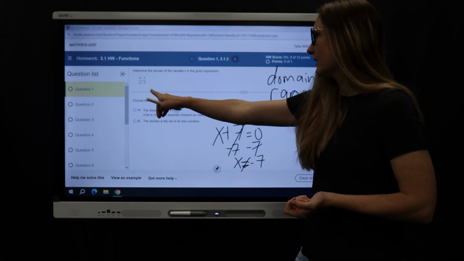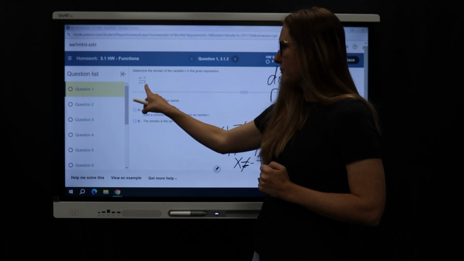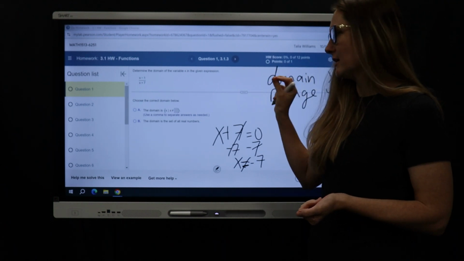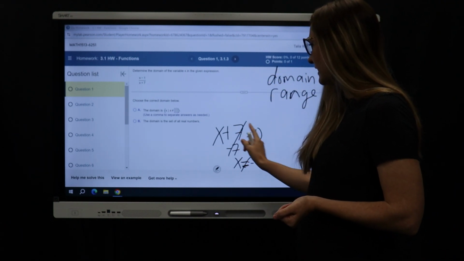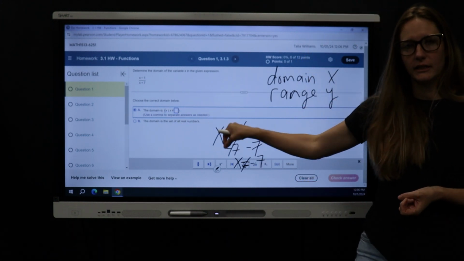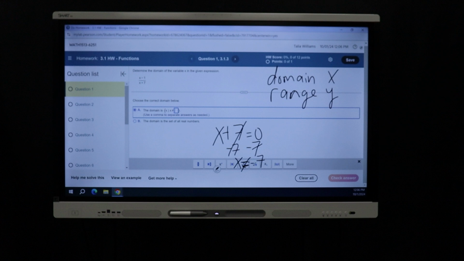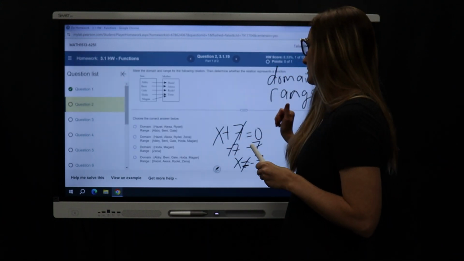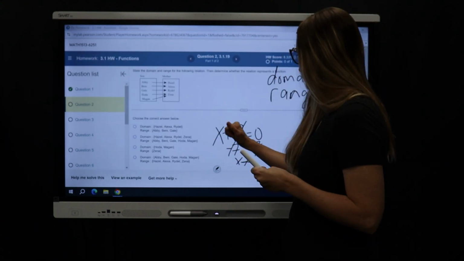Because if x equals negative 7 here, we'd have negative 7 plus 7, which is 0 on the bottom. If 0 is on the bottom of a fraction, it's undefined. So we put this negative 7 into the domain is x when x cannot equal negative 7. Because that is the only value on that graph that's going to make it undefined. So we cannot use that value. Let's continue.